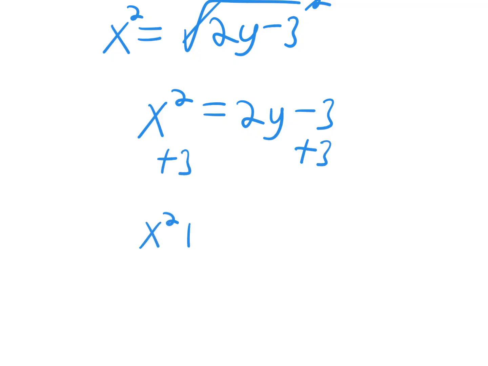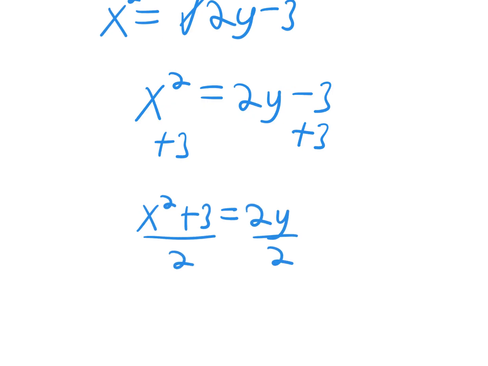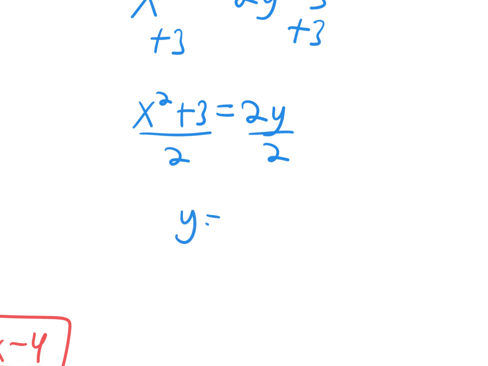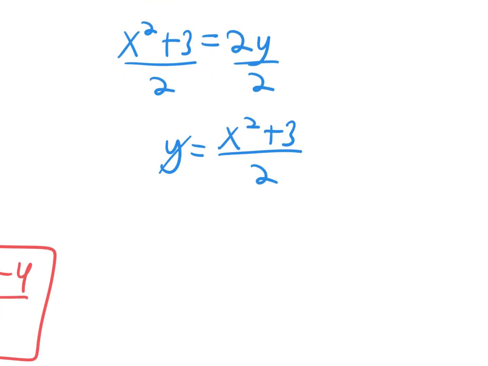This is going to be x squared plus 3 equals 2y. And then lastly, divide both sides by 2. And then you end up with y equals x squared plus 3 over 2. And then y you can replace with f inverse of x. So we get f inverse of x is x squared plus 3 over 2.